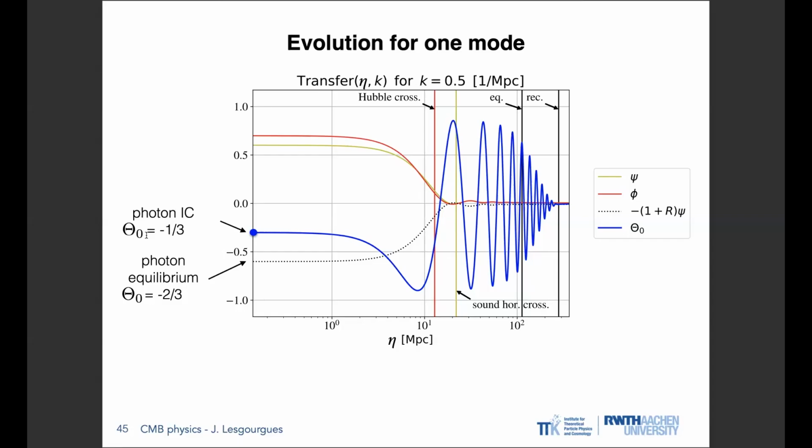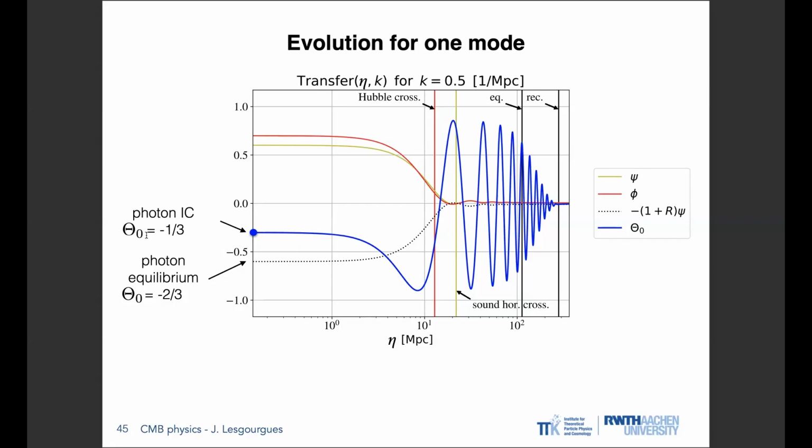washed out. The tight coupling approximation cannot capture this effect, but the full Boltzmann hierarchy equation, which is exact, does capture the effect, and it does know about the finite size of the photon interaction rate. This term is implemented in the equation, so this effect will be consistently taken into account, and the result is the exponential damping of the modes when they approach recombination.